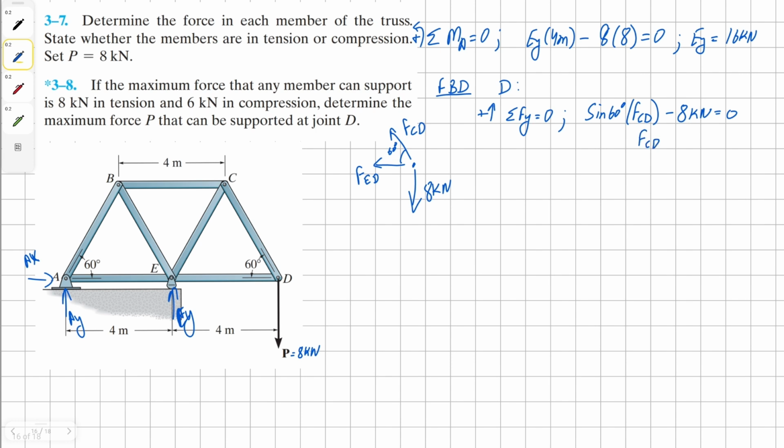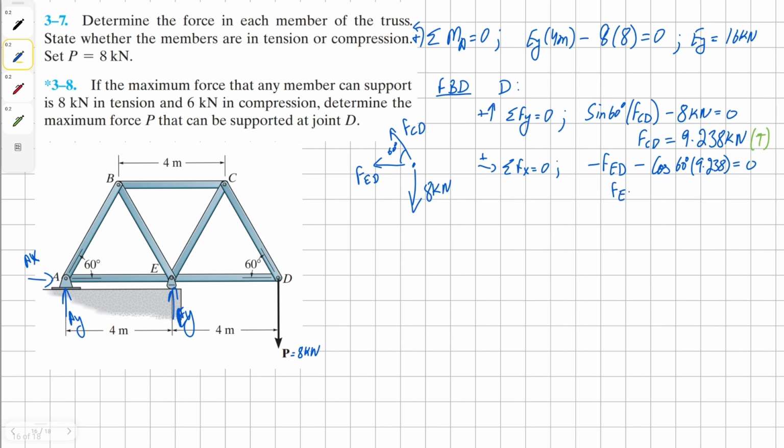Solving for force CD, we get our solution as 9.238 kilonewtons, and this member is in tension. Now we can sum the forces in the x direction to find the solution for force ED. It's going to be negative force ED and negative horizontal component of force CD, all equals 0.